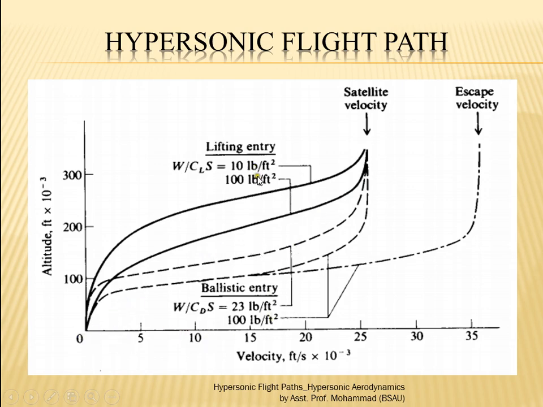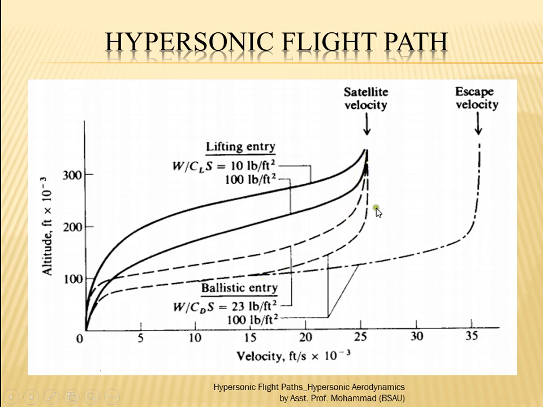So these two can be compared. Here the lifting parameter is 10 pounds per square foot, and here it is 100 pounds per square foot. So this one penetrates a little bit deeper. It starts flattening here itself, but this one goes down and starts flattening here.